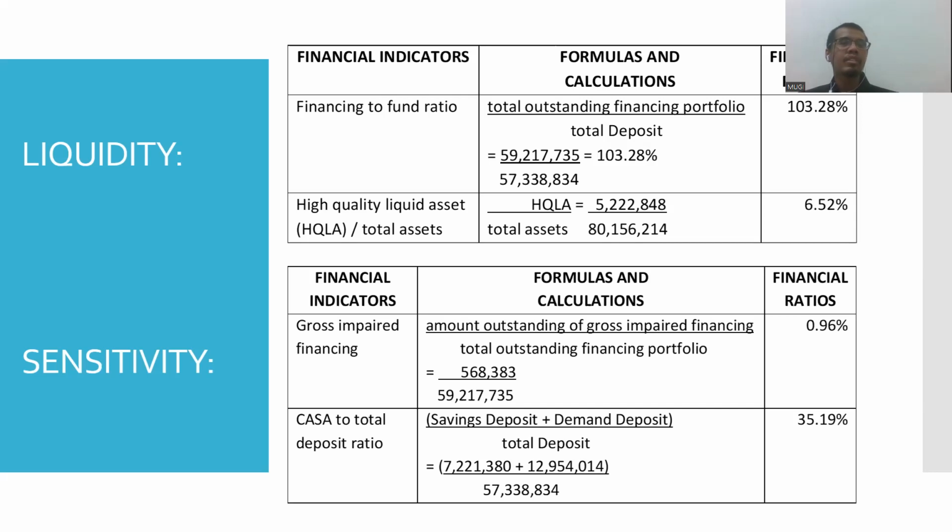This is a high cost of deposit fund. That's why the return on asset and the cost to income are not very good. It's not good for the Bank Islam Malaysia Berhad. That's the ratio and the formula, how I do the calculation, and what the financial ratio is for all the financial indicators stated in table 1 in assignment 1.